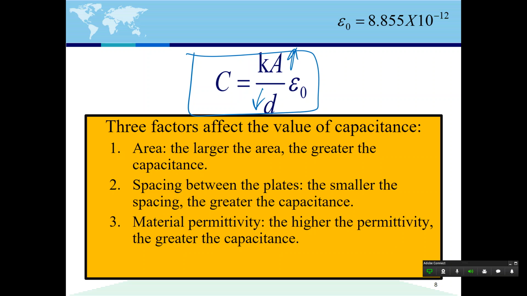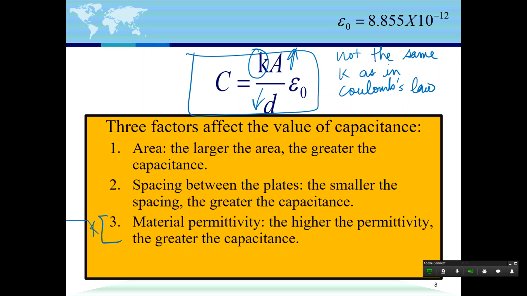And then there's this K. This is not the same K as in Coulomb's law. This K represents that dielectric material. It's what we call material permittivity. Duh, didn't you guys know that?